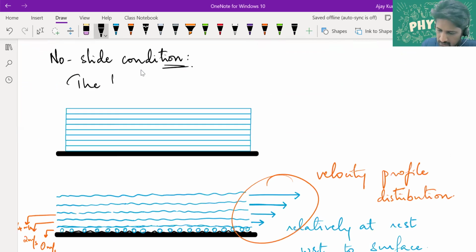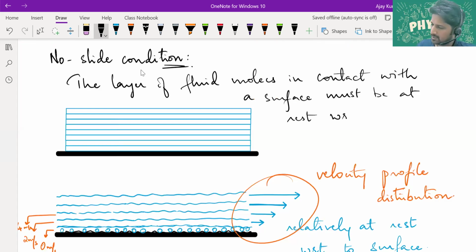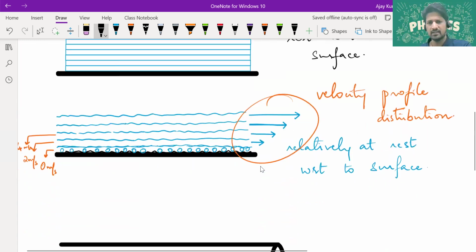The layer of fluid molecules in contact with a surface must be at rest with respect to the surface. Fine. So the first layer of molecules which is in contact with the surface will be at rest. And as you move away from the surface, the velocity of the layers will increase layer by layer.